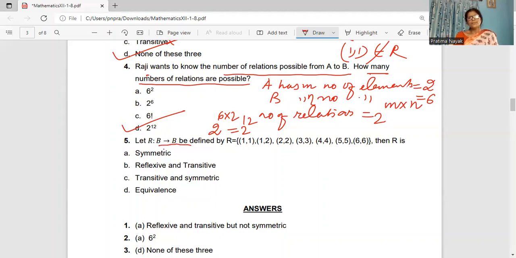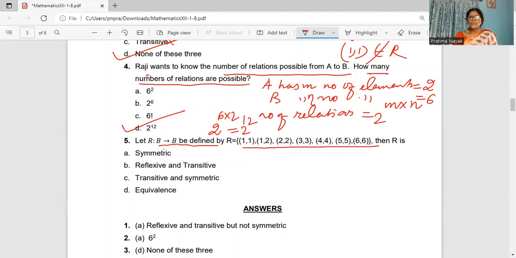A relation R on the set is given, and under R these ordered pairs are there: (1,1), (1,2), (2,2), (3,3), (4,4), (5,5), (6,6). R is symmetric, R is reflexive and transitive, R is transitive and symmetric, or an equivalence relation. Which one will it be?